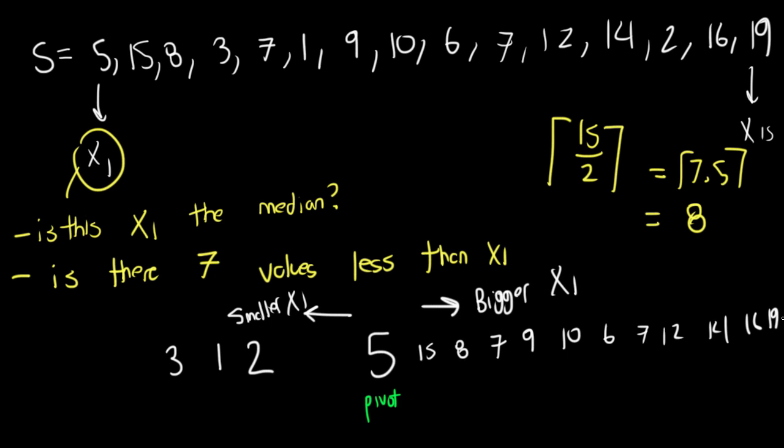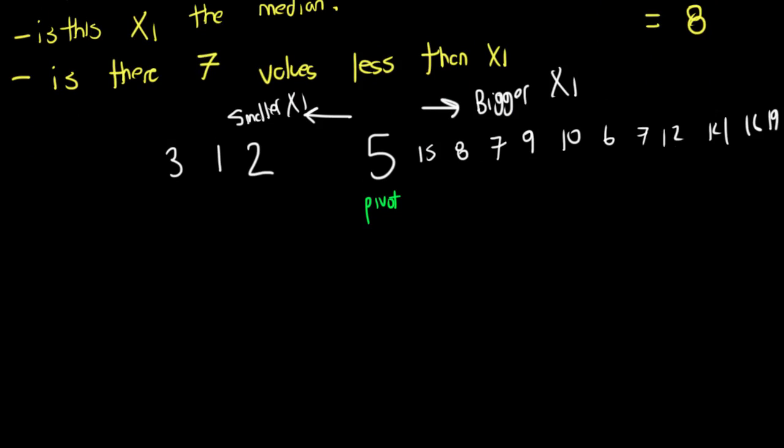Well, we don't even need to really count this. We can clearly see that there are not an even amount of numbers on both sides. So this is clearly not the median. We're going to have to do a bit more work. Now, we can tell right here that 5 is, let's go ahead and get some more room so we have space to work. New color. 5 is the fourth smallest number.